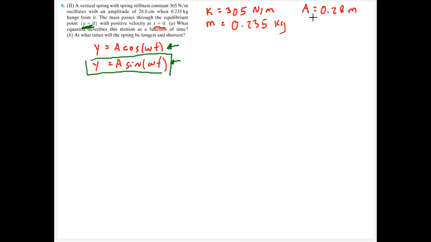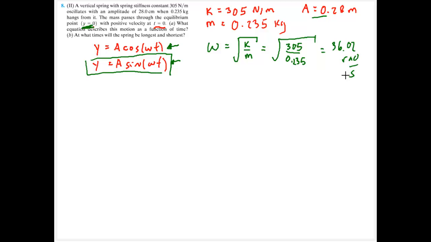All we need is the amplitude, which we have, and the value for omega, which is related to the spring constant and the mass. Simply plugging these guys in, 305 newtons per meter divided by 0.235 kilograms, we're going to come up with our angular velocity of 36.02 radians per second.